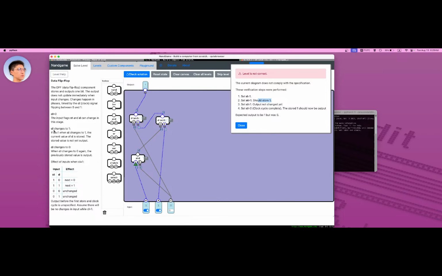When clock changes to 1, the input flag can change in this stage. Input flags can change in this stage. Okay, it can change in this stage.